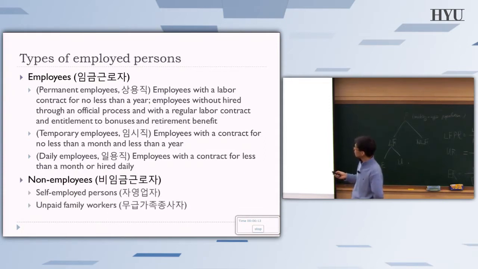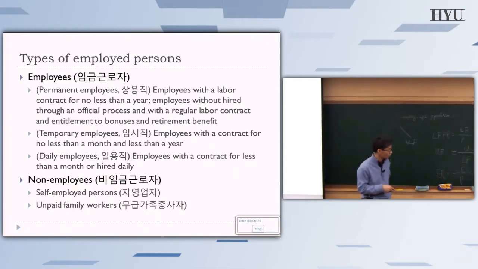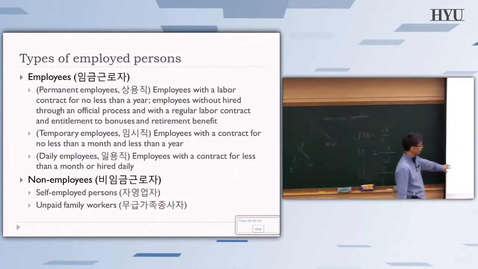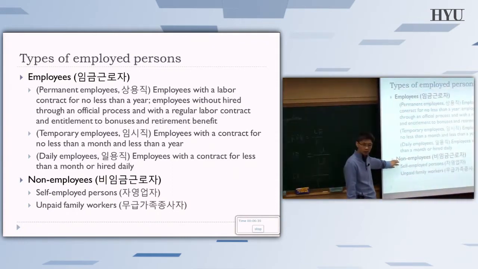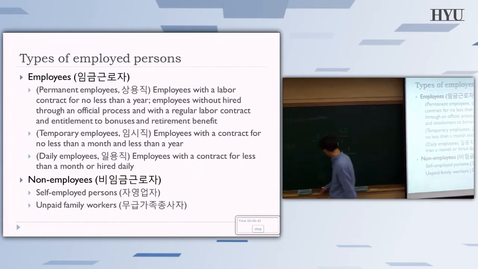And there are non-employees who are working, so we call them employed. They are employed, but they are not employees. Two groups: one is obviously the self-employed, who have their own business, a boss to himself or herself, and the other group we call unpaid family workers. We talked about this last class.